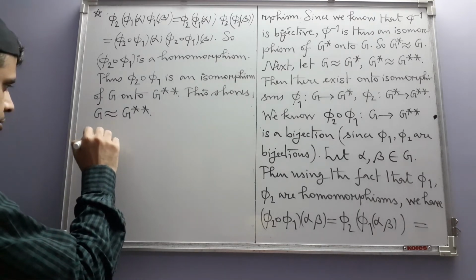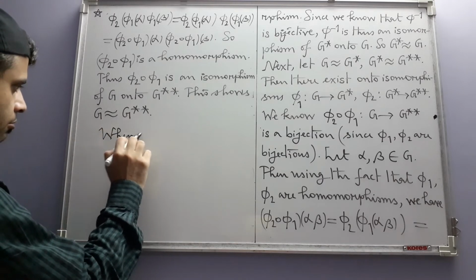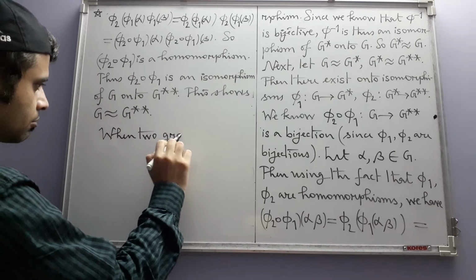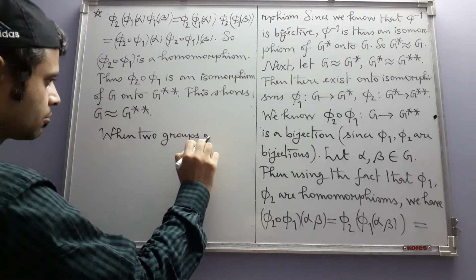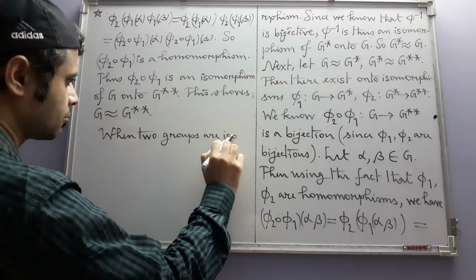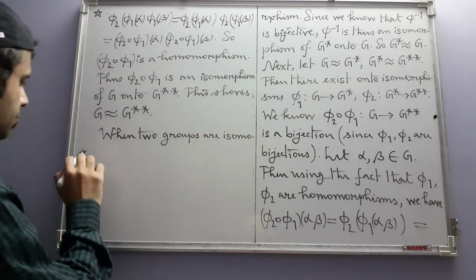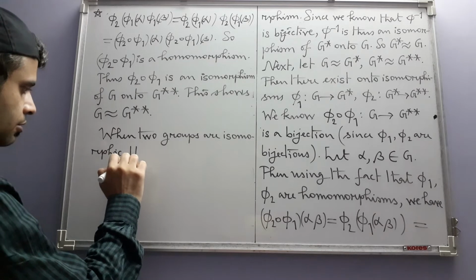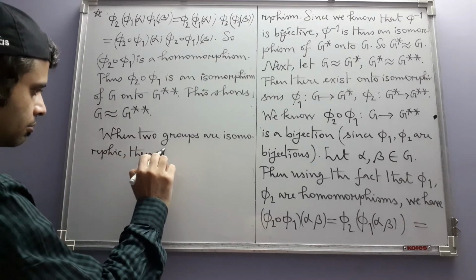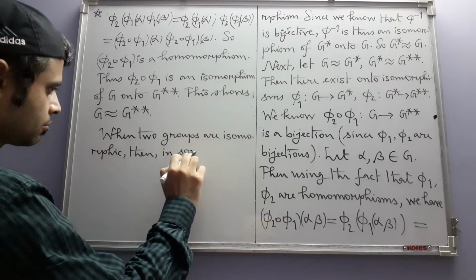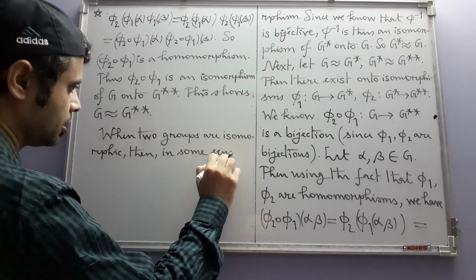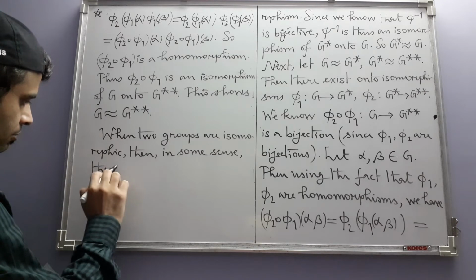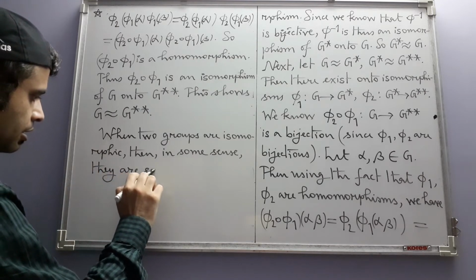When two groups are isomorphic, then in some sense they are actually equal.